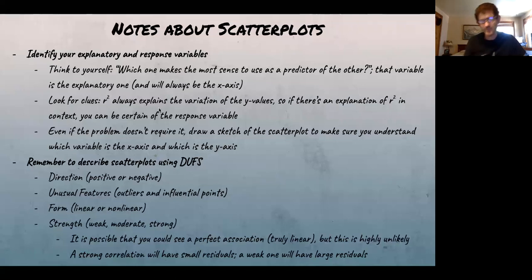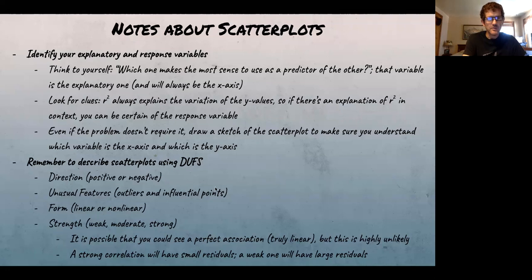So it might say 23% of the variation of housing price is explained by the model. Well, if it tells you that, then you automatically know in that particular problem, housing price is your y value. It's the response variable, because R squared always explains the variation of your y values. Okay.